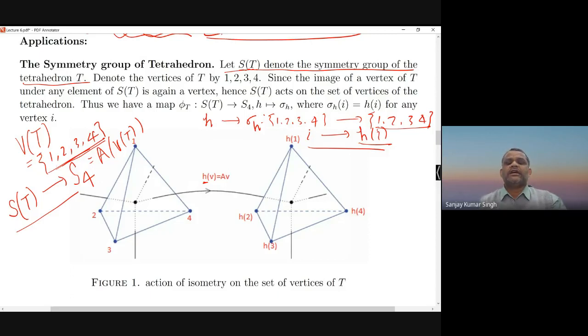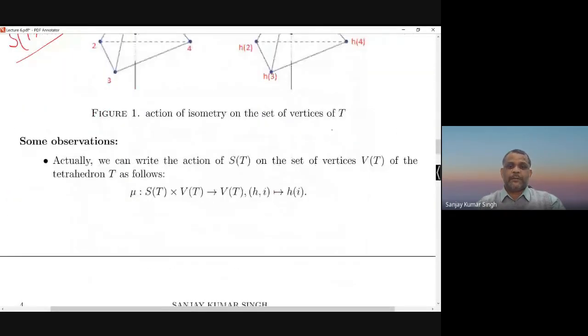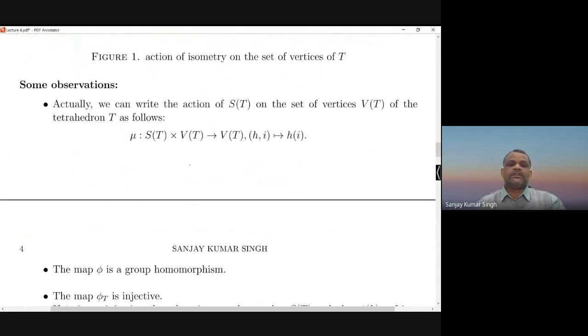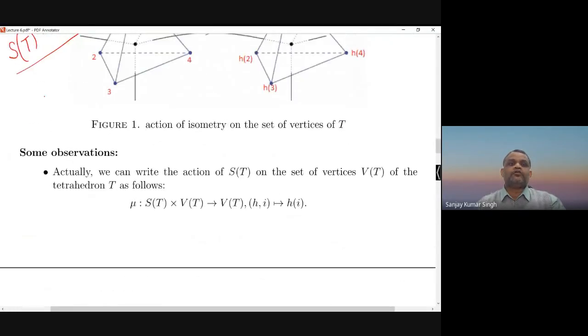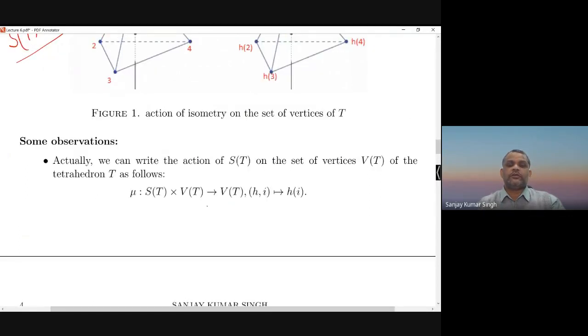So I'm saying that the symmetry group of the tetrahedron acts on the set of vertices, which is {1, 2, 3, 4}, and hence we have a map from S_T to S4. Any question? No. Then we can go to some observations. Of course, if you don't like this definition of action, then you can write your usual definition of action.